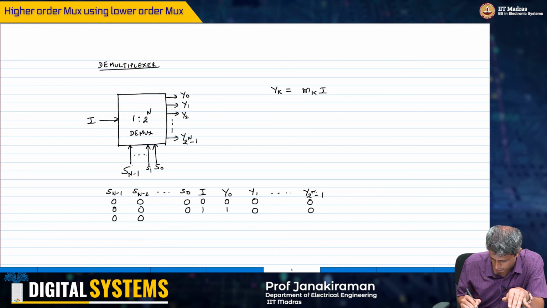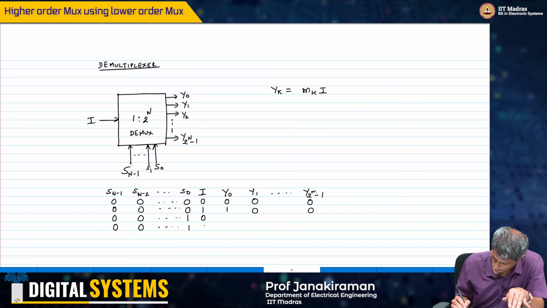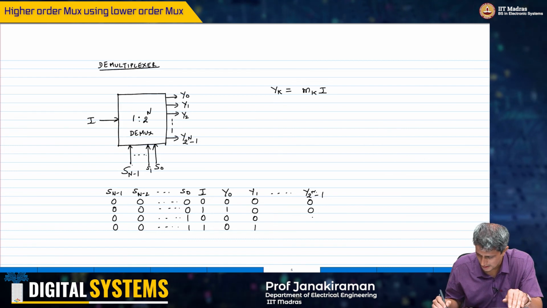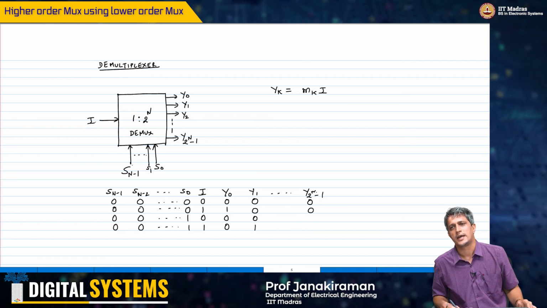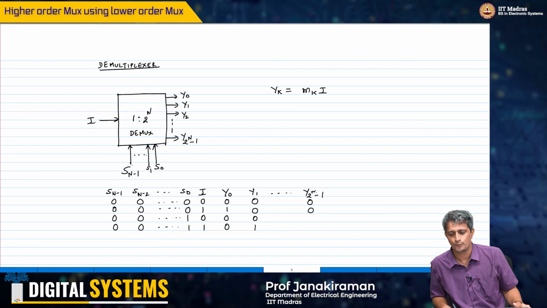If this is 0, 0, all the way 1, and this is 0, 1, then this will be 0, y1 will now follow my input. This is how it is going to be. And therefore you can just say yk is the kth minterm ANDed with the input I.